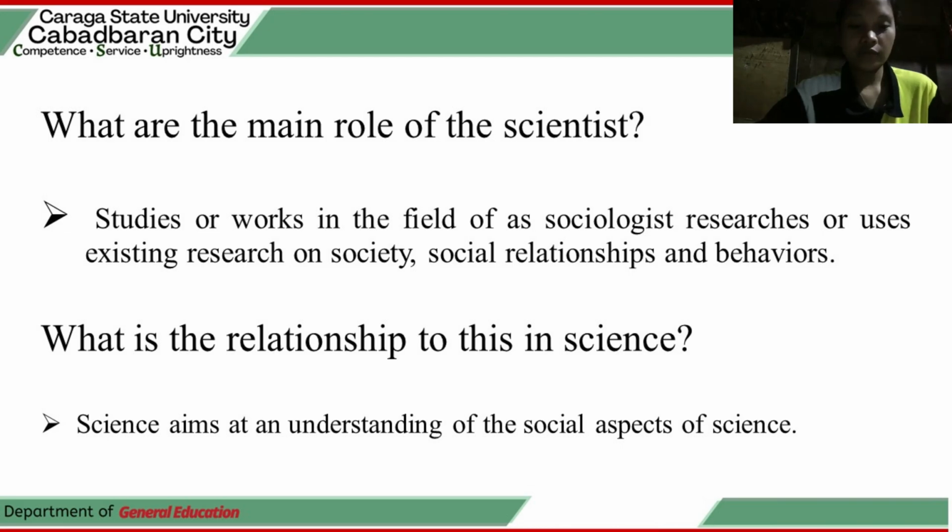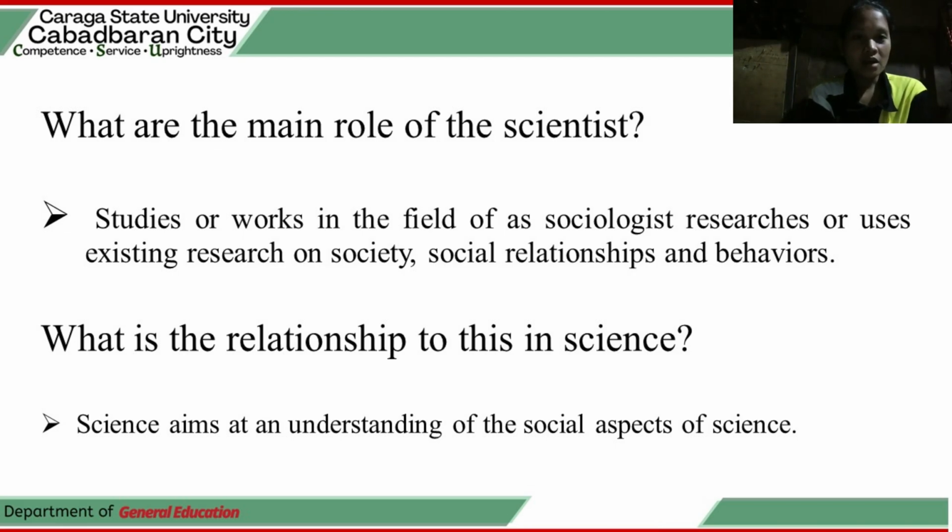A sociologist studies or works in the field as a researcher or uses existing research on society, social relationships, and behaviors. They can use their research to advise on or implement policies and changes within and between communities or organizations. What is the relationship to this in science?